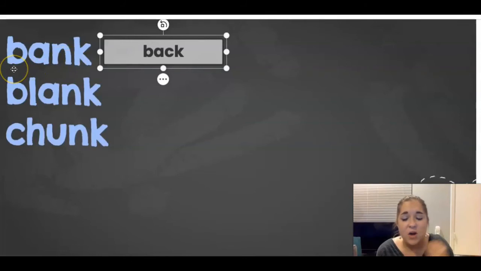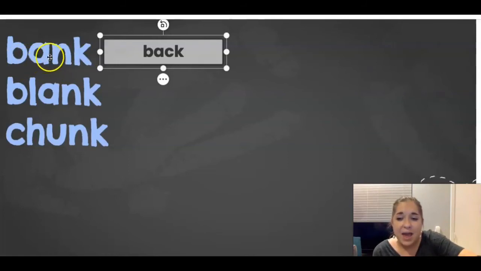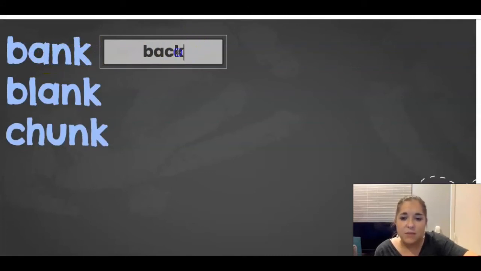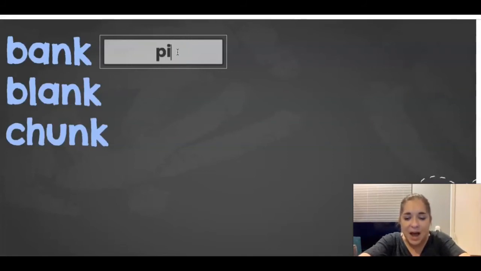And even though I don't hear the N super clearly, I know it's there, so it makes a different sound. So instead of it being back, it's bank. So again, this will help me when I'm spelling words like pink. She wore a pink dress. I know P-I, and the nk sound is N-K.